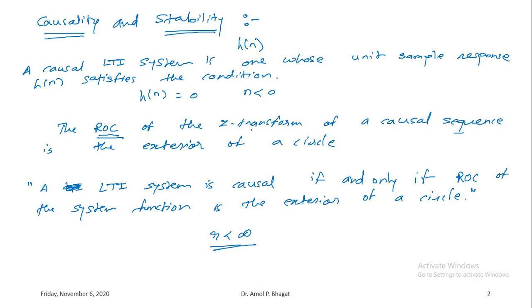So the ROC of Z transform of a causal sequence, or its causal system function, is exterior of a circle. Okay, so LTI system is causal if and only if the ROC of the system function is exterior of a circle, right? So that is the condition for causality of system in Z domain.